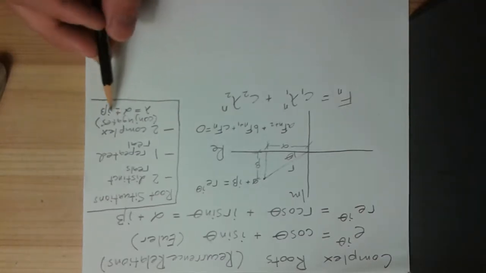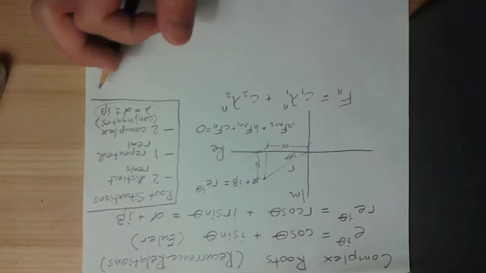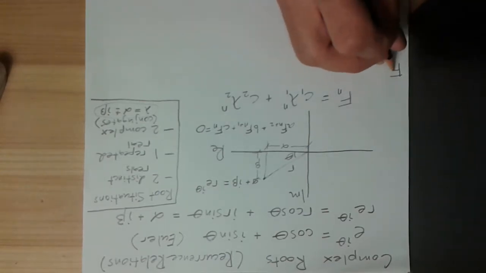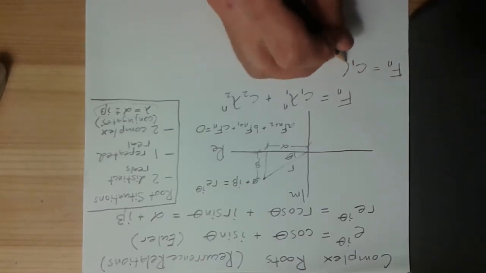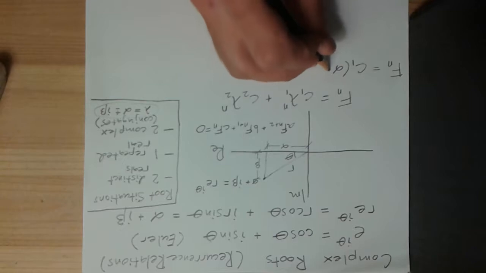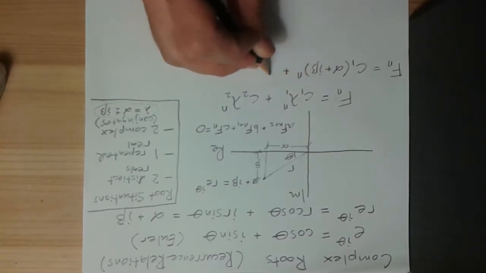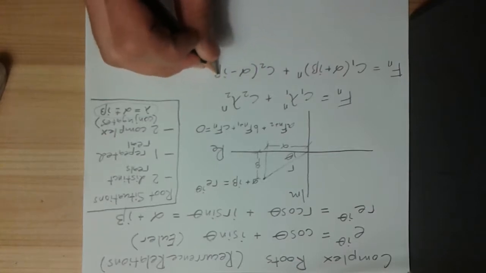So we're considering the case where lambda is equal to alpha plus or minus i beta. The first thing I can do is replace these two values for lambda: the first one is alpha plus i beta, and the second one is alpha minus i beta.